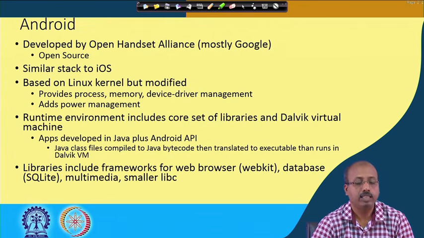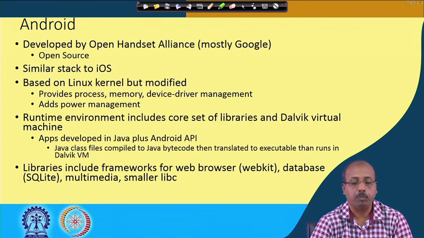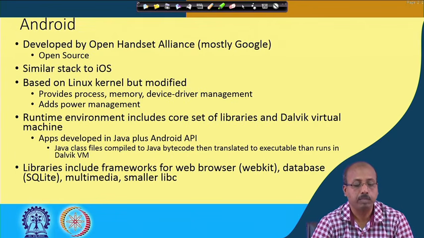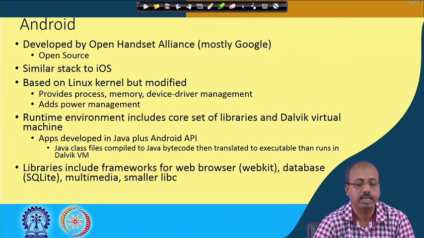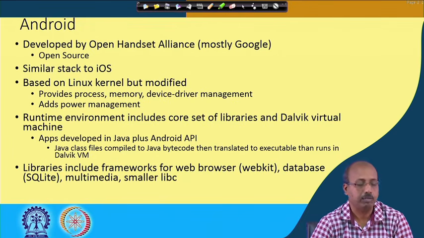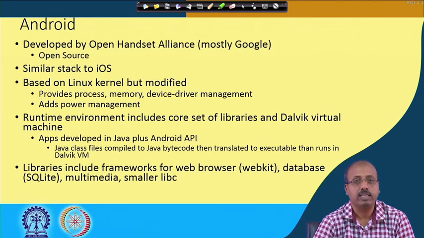Android, as we know, is developed by the Open Handset Alliance, mostly by Google. It is open source, with a stack similar to iOS. The iOS stack we have just seen; this Android OS stack is also like that, based on the Linux kernel, but modified. It provides process, memory and device driver management, and it adds power management.